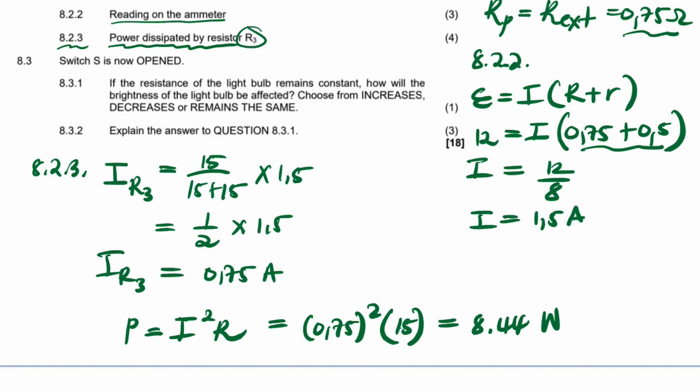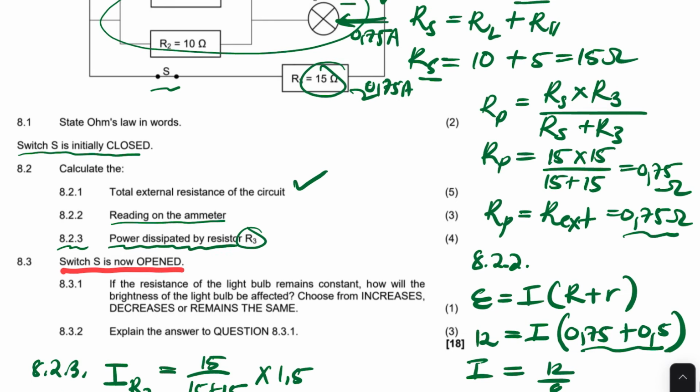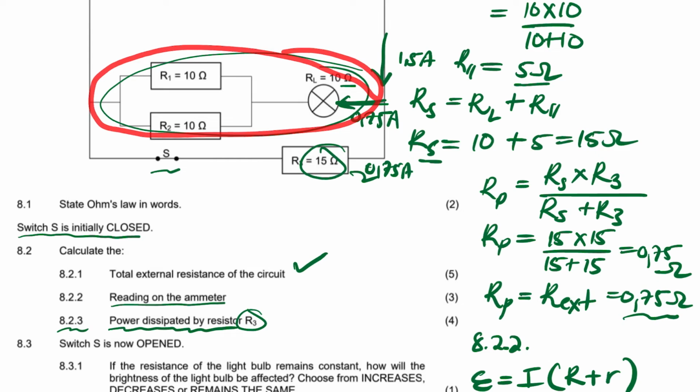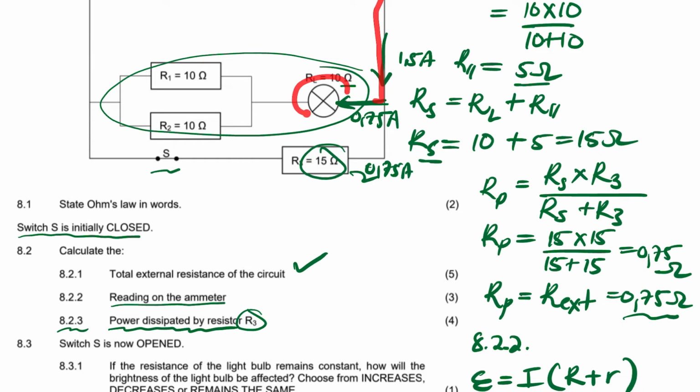It says in 8.3, the switch is now open, which is when this switch is open, the effective resistance here is this one. So the circuit becomes series now. What do I mean? There's this 10 plus this 5. So it becomes 15.